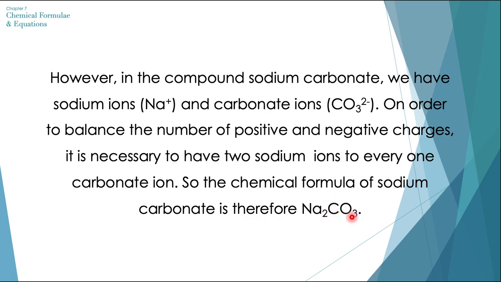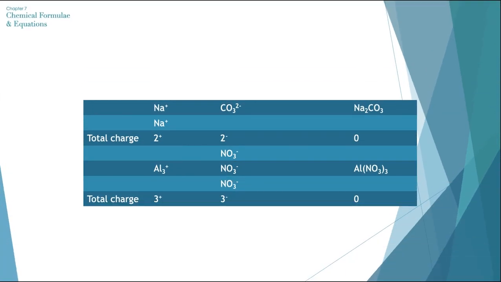And CO3 itself is an entire molecule. So 3 does not represent CO. 3 is the number of oxygen atoms in the carbonate ion. 1 carbon atom and 3 oxygen atoms make the carbonate ion, and 1 carbonate ion goes with 2 sodium ions, and that is why sodium carbonate is formed. So here we have sodium, which has a single positive charge, and carbonate, which has a double negative charge.